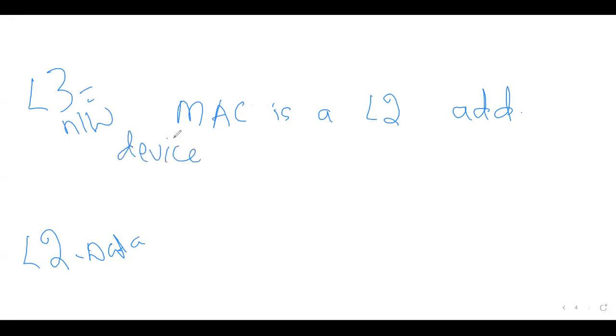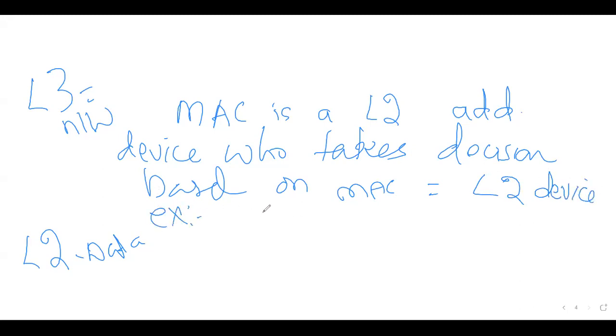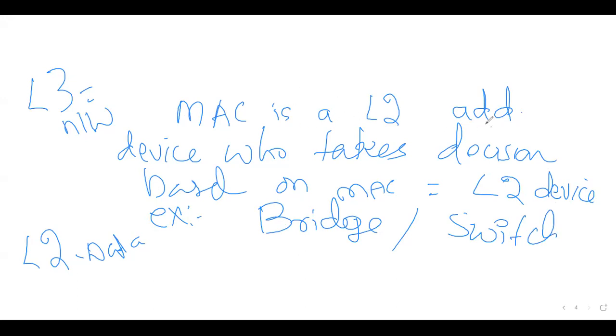Device that takes decisions based on MAC is called a layer 2 device. Example, bridge or switch. What I mean by the decision?